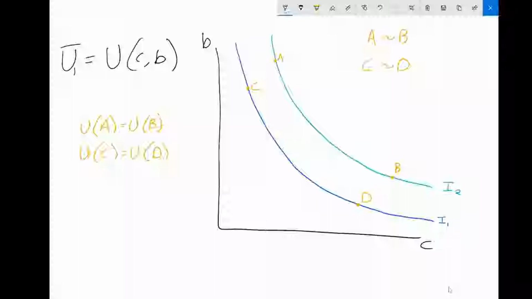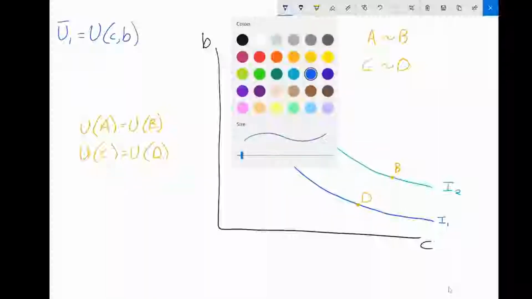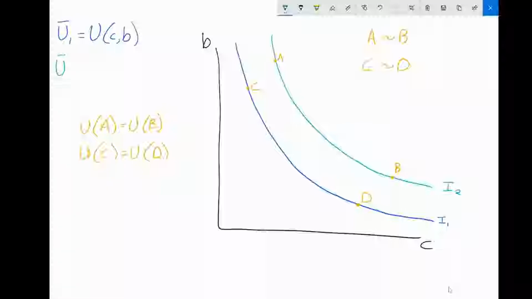Okay, so we can say that the dark blue indifference curve corresponds to some given level of utility, U bar 1, and the light blue indifference curve corresponds to some other utility, U bar 2. Now, looking at this, I might ask the question, which indifference curve corresponds to a higher level of utility?